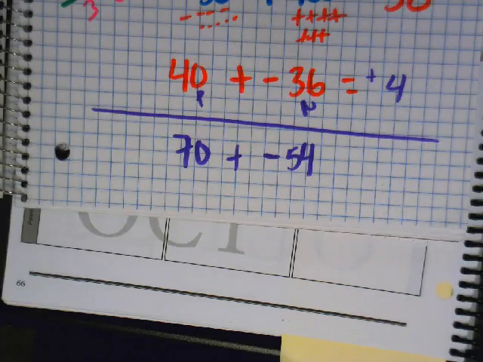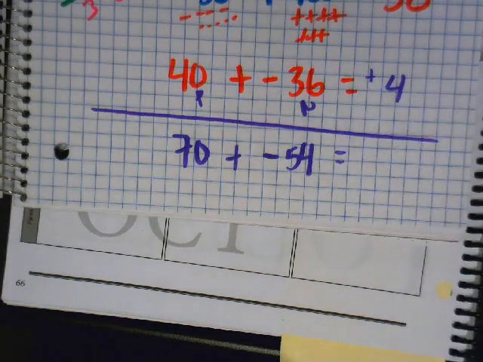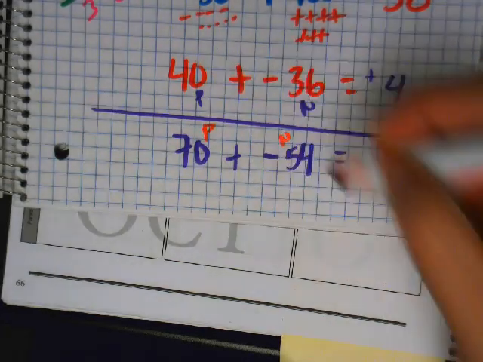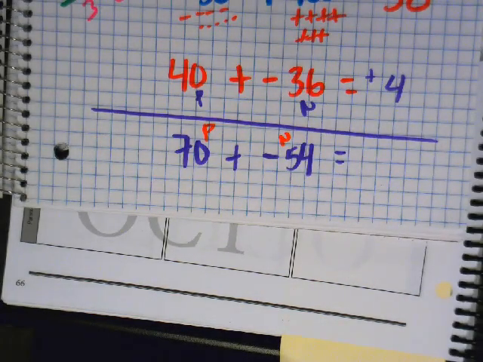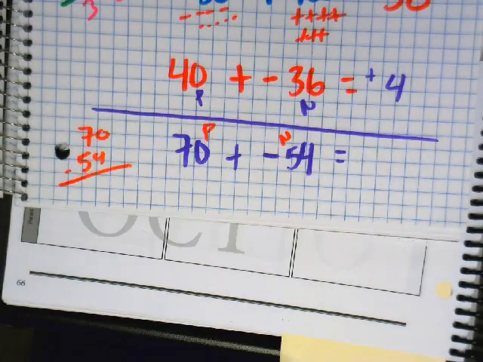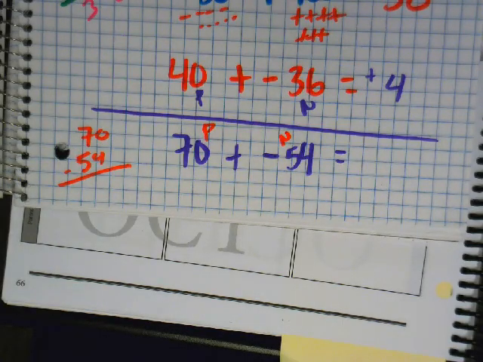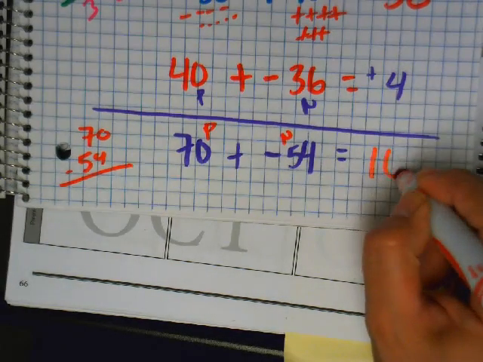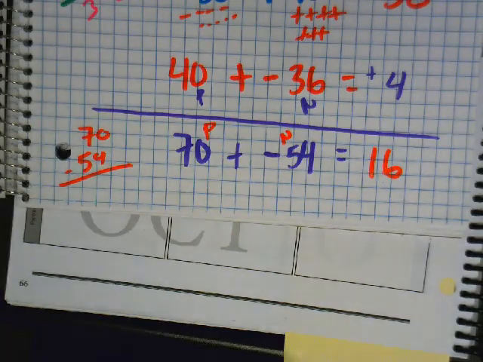Are you going to add or subtract? Subtract, because the signs are different. This is a positive and this is a negative. You can subtract on the side, where you borrow. What do you get? 16. Is it positive or negative? Positive. Good.